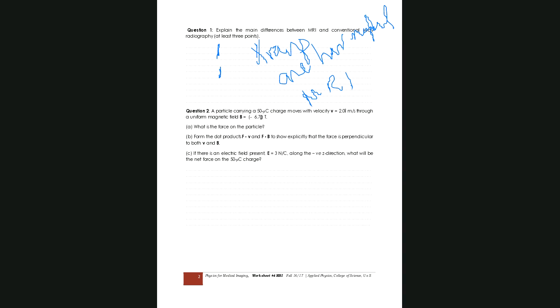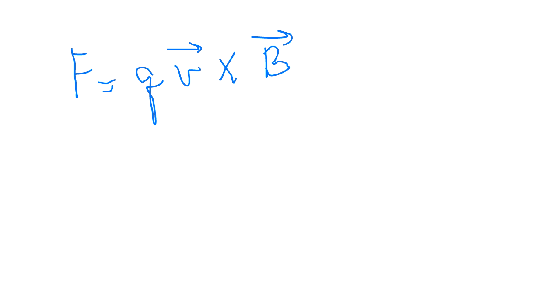Let me get a whiteboard here. So what we need is F equal to Q V cross B, and F, of course, is a vector.